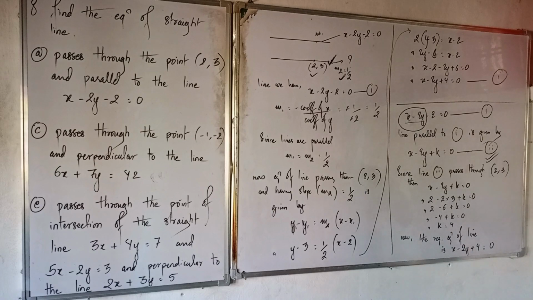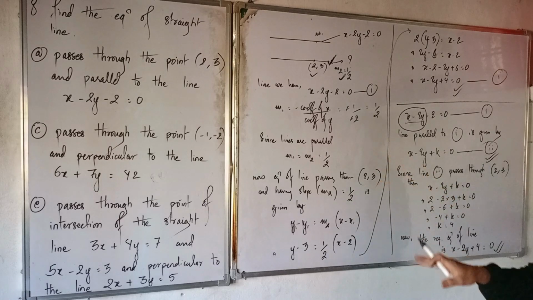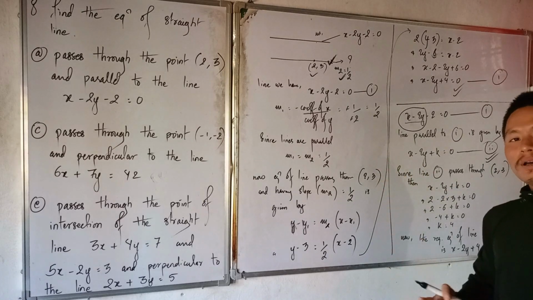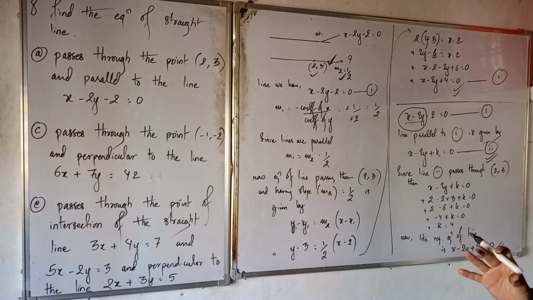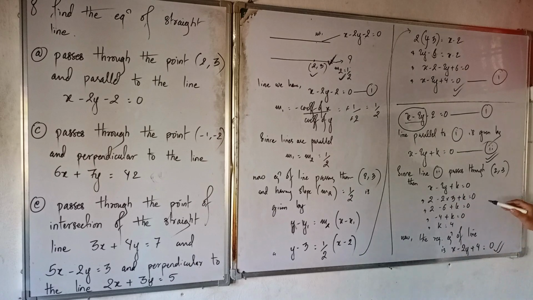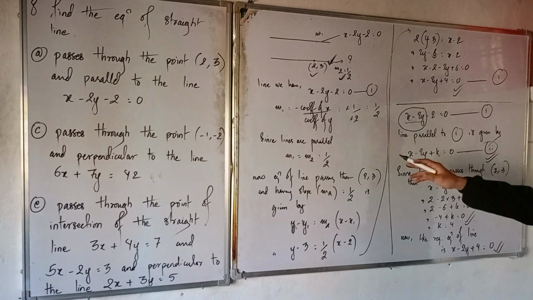So by either way, the answer will be the same. If you are able to do both methods, it would be more beneficial for you. But for your time management, I would prefer you use this method. You can do it either way.